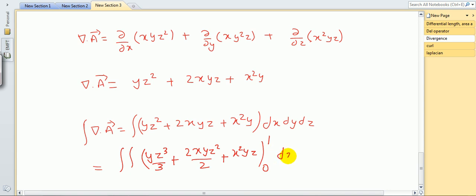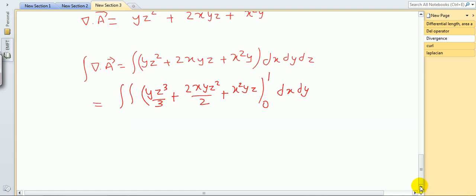The remaining integrals are dx dy. If I put the value of z, z cube will become 1, so y by 3, plus, here 2 and 2 will get cancelled, the remaining will be x y, plus z will go and x square y will remain.